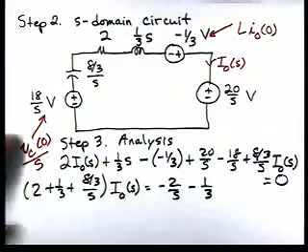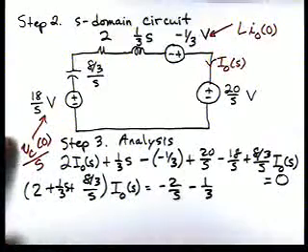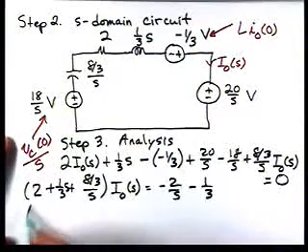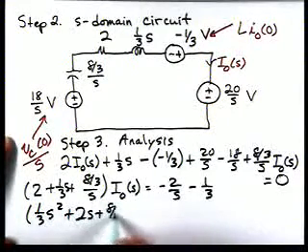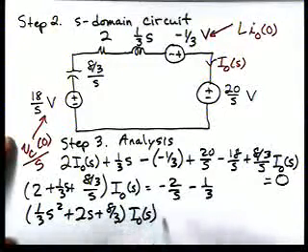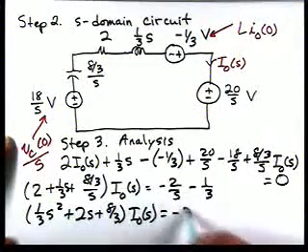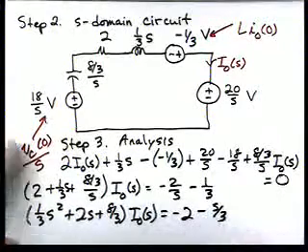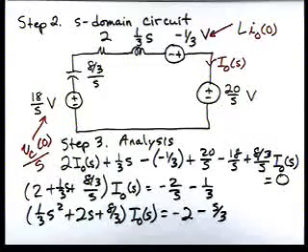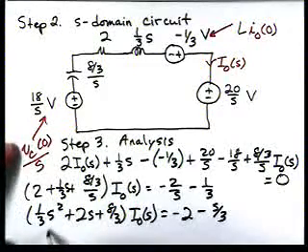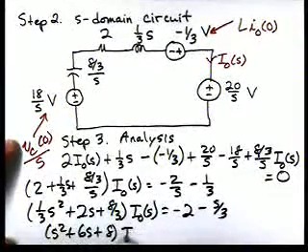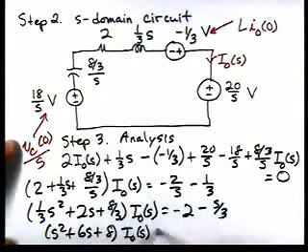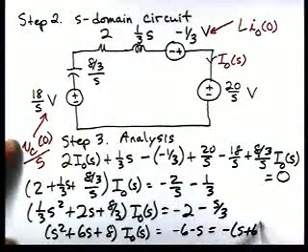And if we multiply through by S, we'll have 1/3 S squared plus 2S plus 8/3 times I0, and we'll have minus 2 minus S over 3. Now let's multiply through by 3. So we have S squared plus 6S plus 8 times I0 is equal to minus 6 minus S, which we can rewrite as minus S plus 6.